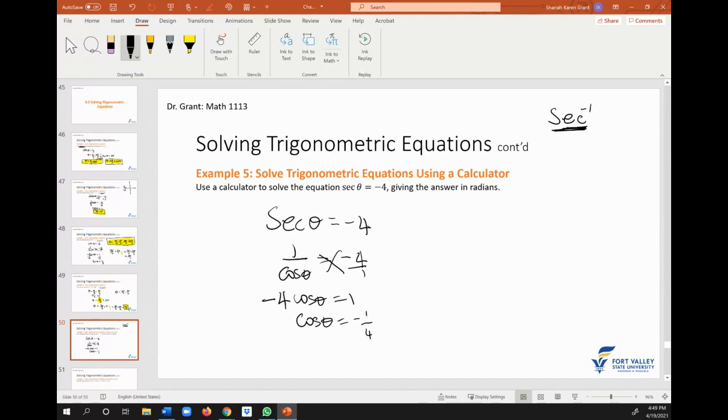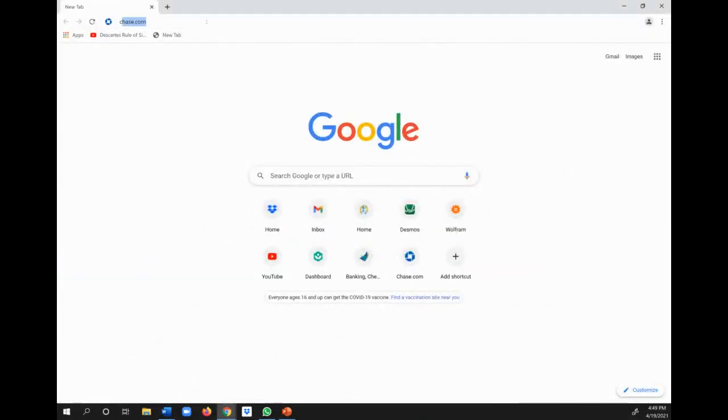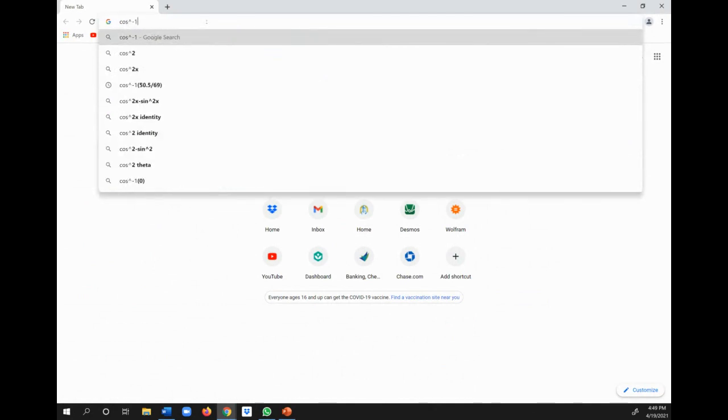And so here we're thinking, well, what value of theta gives me -1/4? Well, if secant inverse is not on your calculator, then you should have cosine inverse. So you should have the function cosine inverse on your calculator. And so let me see if Google will give me this. So cosine inverse of -1/4.